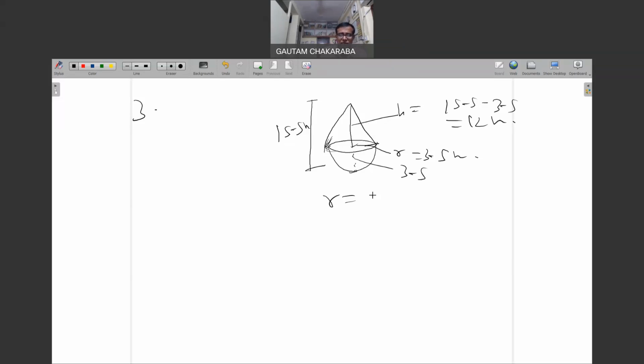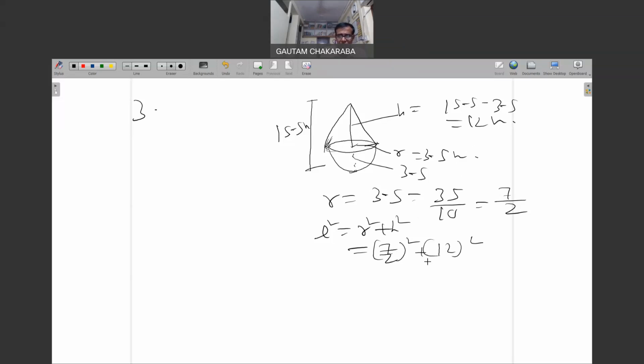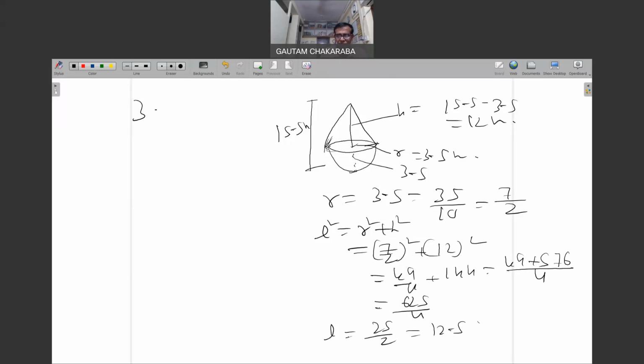So you need r and l. The radius is 3.5, I remove the decimal, so 7 by 2. Now applying the Pythagoras theorem, l square is equal to r square plus h square, that is 7 by 2 whole square plus 12 square, that is 49 by 4 plus 144, so 49 plus 576 by 4, that is 625 by 4. l is equal to 25 by 2, that is 12.5 centimeters.